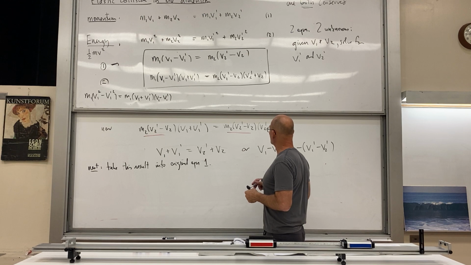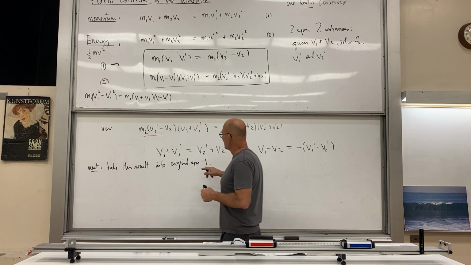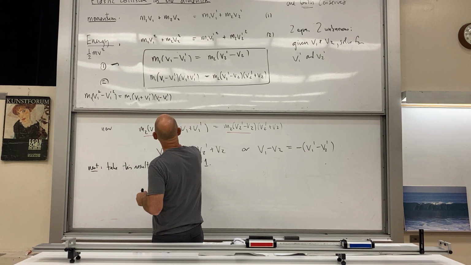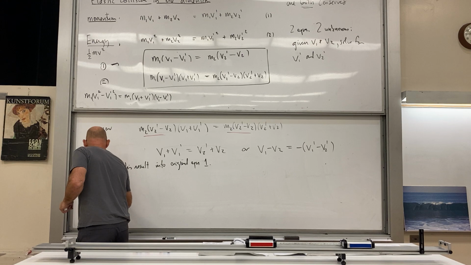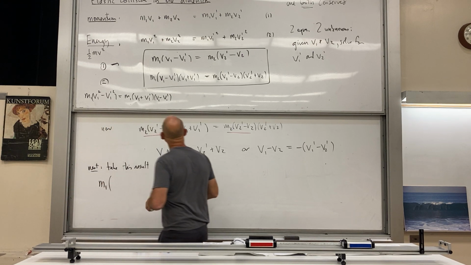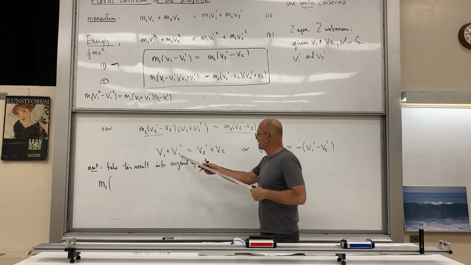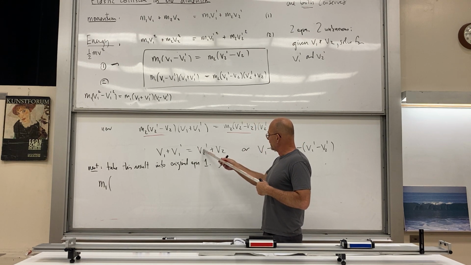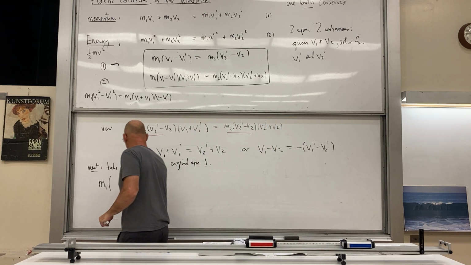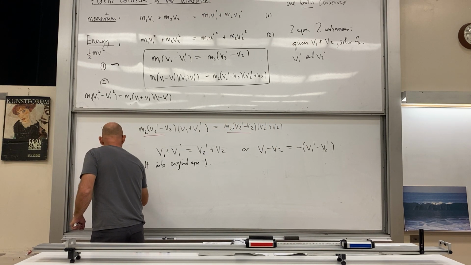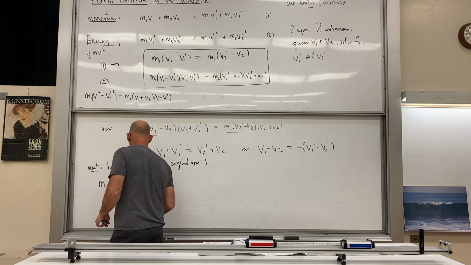So what we're going to be able to do is substitute one of these. So let's get rid of V1 in the first equation. Okay, so we have M1 times, and what is V1 equal to here? V1 is equal to V2 plus V2 prime minus V1 prime.